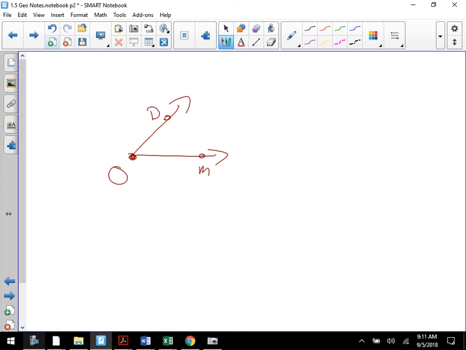OD? No. Why? No, because it says they're not opposite. Those are not opposite. Okay, so I drew one ray. Wait. So you drew one ray? Yes. Like this? Oh, I see what you're saying.